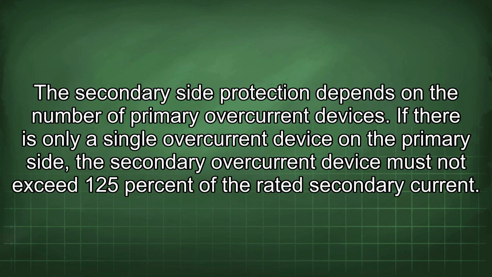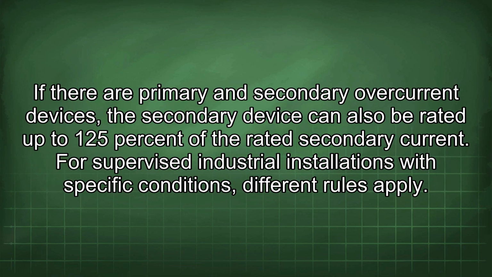The secondary side protection depends on the number of primary overcurrent devices. If there is only a single overcurrent device on the primary side, the secondary overcurrent device must not exceed 125% of the rated secondary current. If there are primary and secondary overcurrent devices, the secondary device can also be rated up to 125% of the rated secondary current.